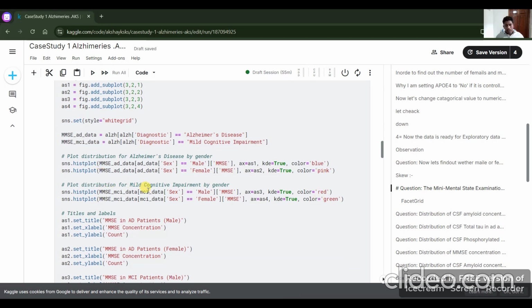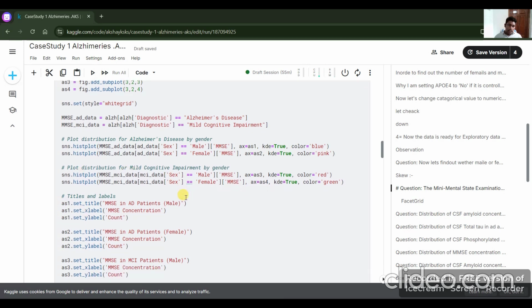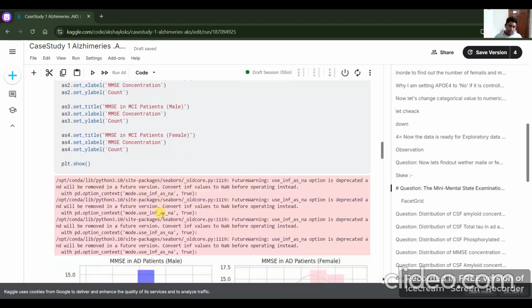Plot distribution for mild MCI by gender, and Alzheimer's disease. We can see in MCI gender the color is red. MCI data set sex male red color and female green color, MCI group, and then we can see the graph.